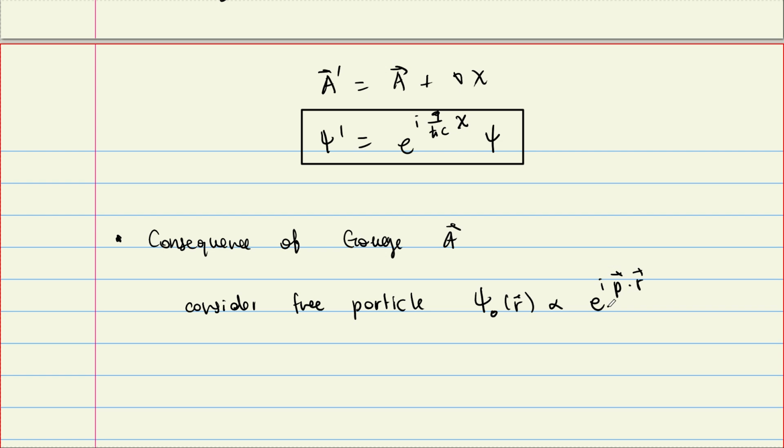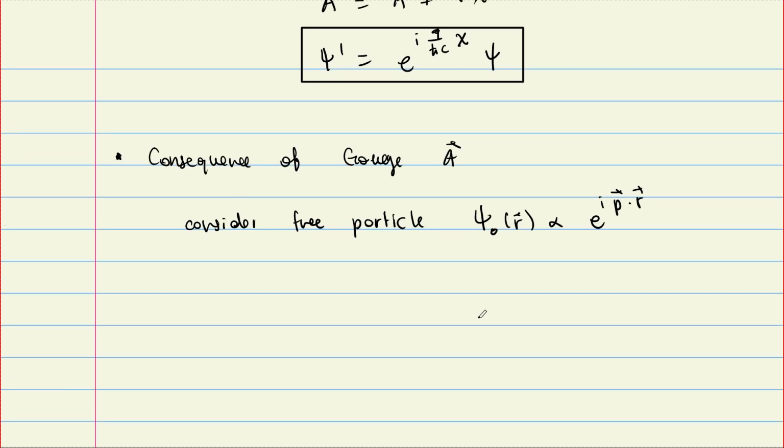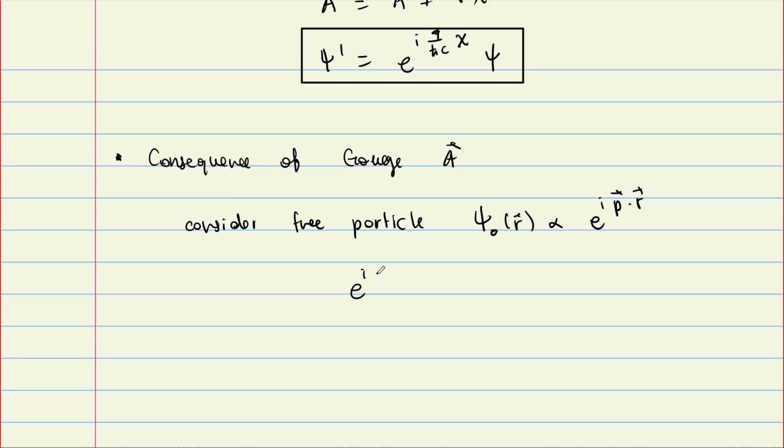But in the WKB, if you remember, this e to the I px is going to go to e to the I integral dx p of x. So that's in the WKB approximation. There's also I over h bar here.